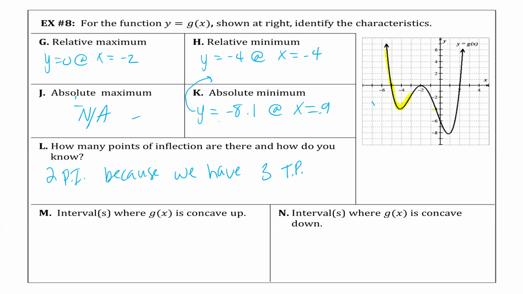Agree? And then I'm concave up from here to here. Yes? And then I'm concave down from here to here. So I have 2 concave up intervals and 1 concave down interval.